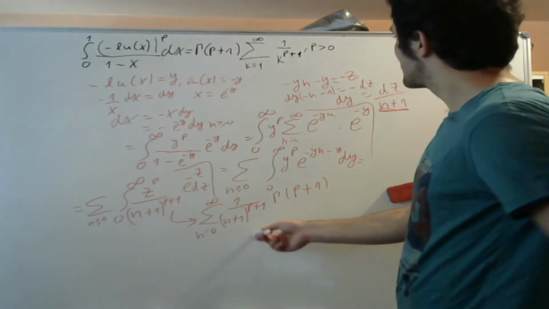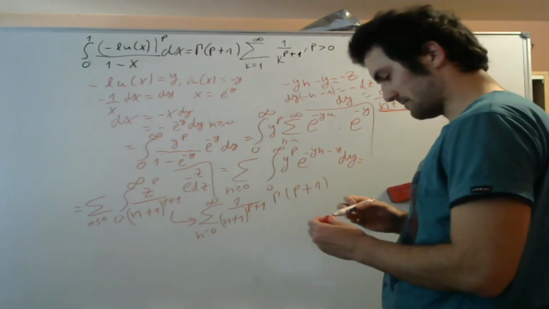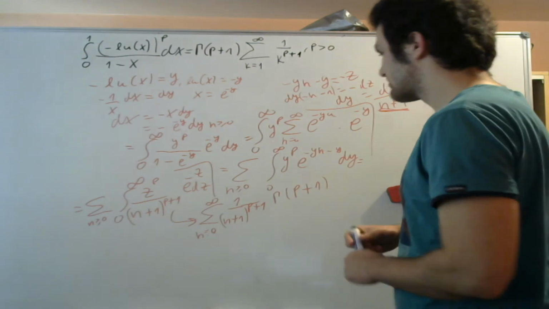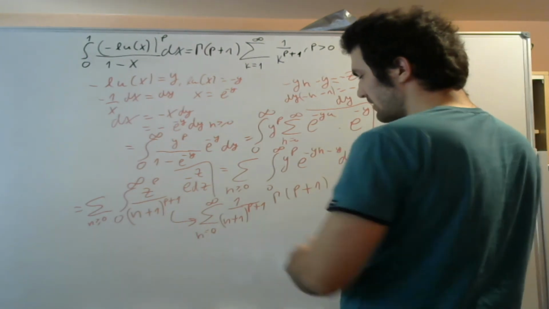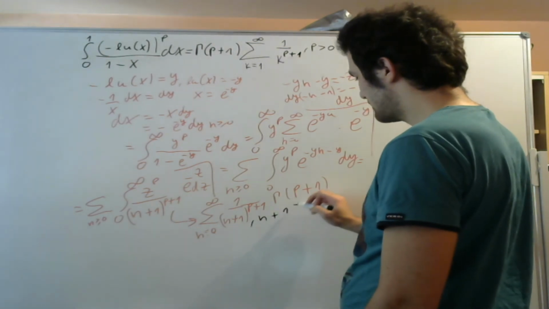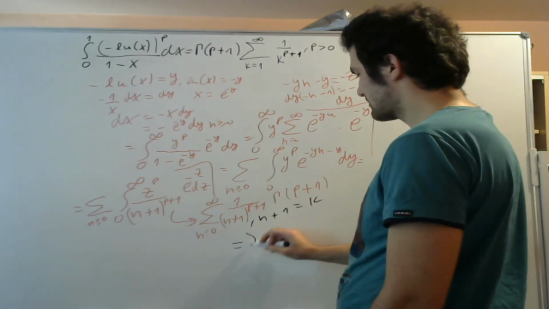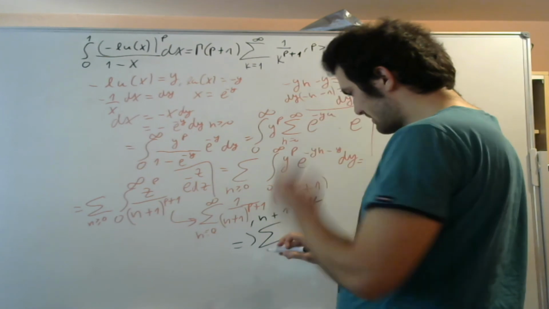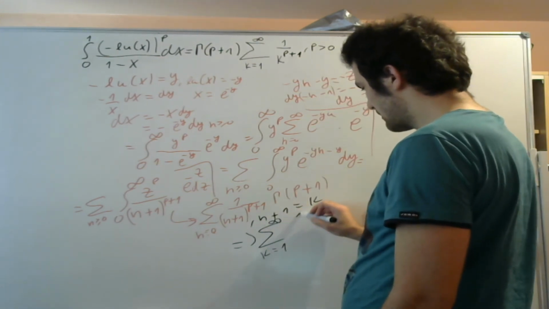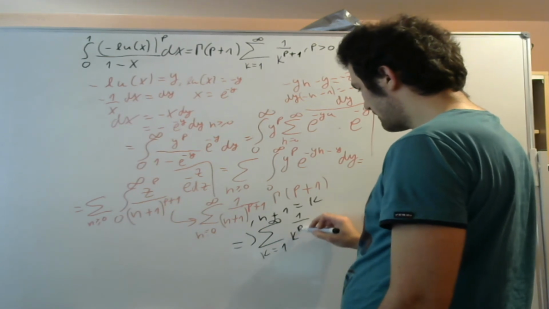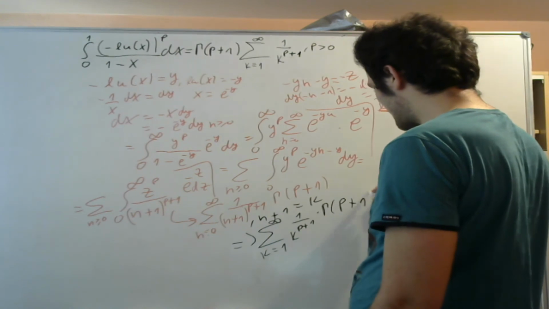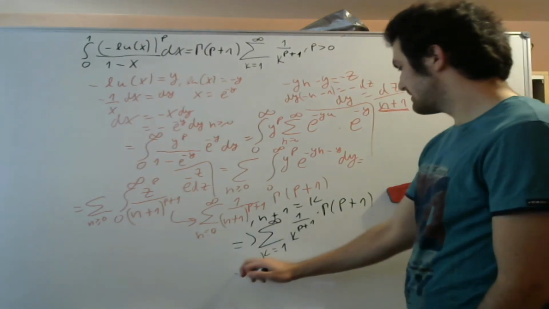And so this looks similar to the target, but there is a problem: there is k and there is n. So we can just introduce a substitution here. n plus 1 equals k. And so this equals the sum running from k equals 1 to infinity, 1 over k to the p plus 1, times gamma of p plus 1. And therefore it is proved.